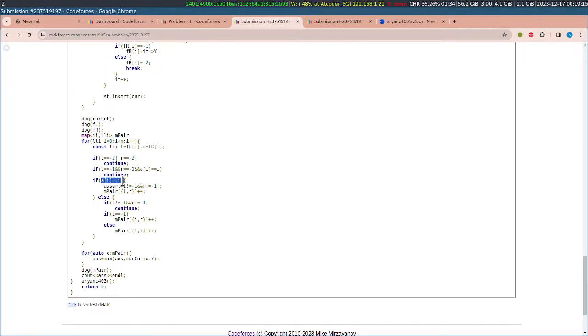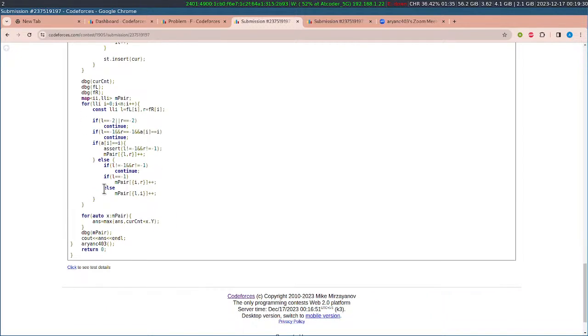Otherwise, if a[i] is not equal to i, then what I know is there is one element on the left side which is larger than it, and one element on the right side which is smaller than it. So I am adding it in the pair map: if I swap L and R, then I will become good. Otherwise, if there is no larger element on the right side, then if I swap i and R, a[i] would be good.